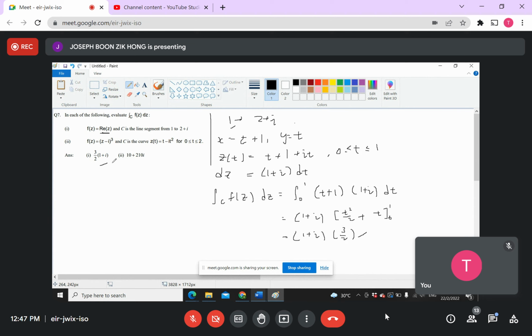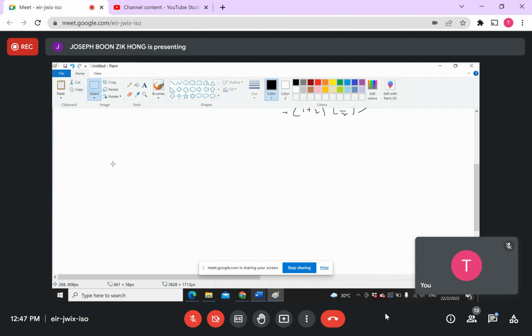Okay, now we have a look at the second one. I want to find f(z) where z(t) is this one. This one's very simple, they give everything already. So dz, I can directly take as 1 minus 2it dt.